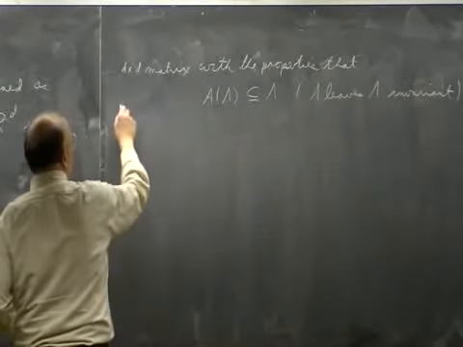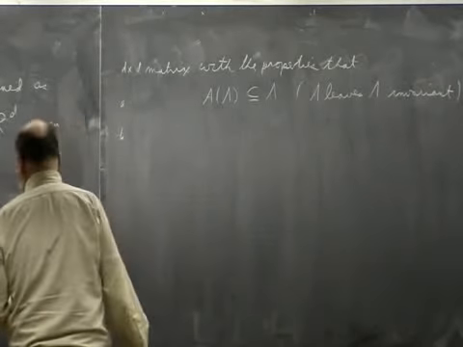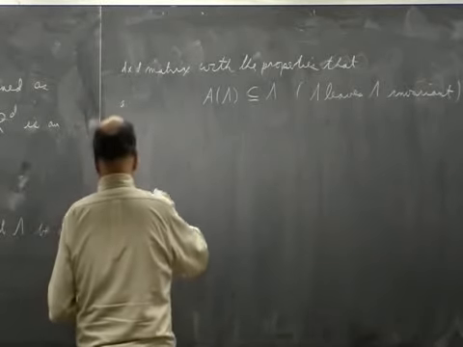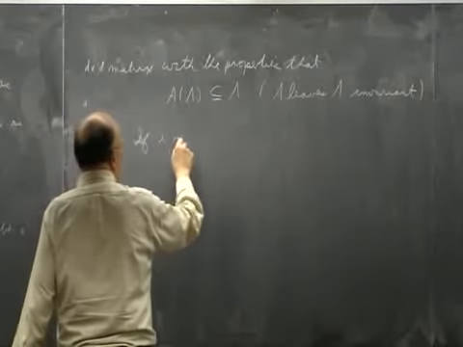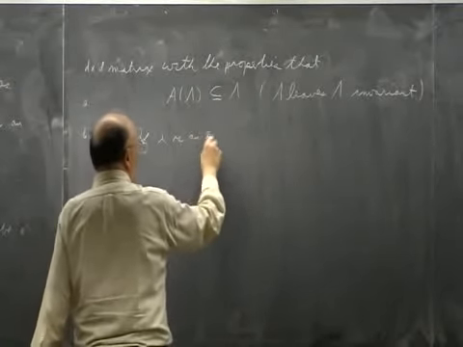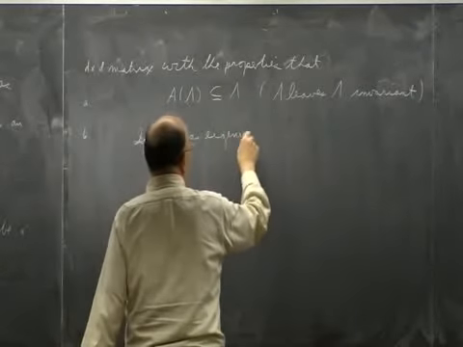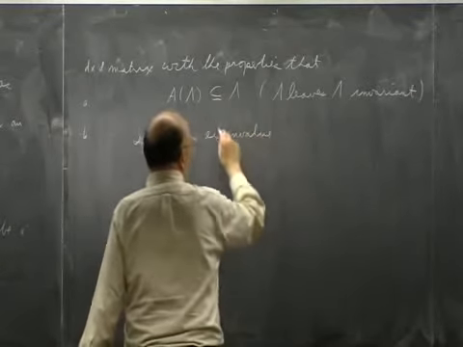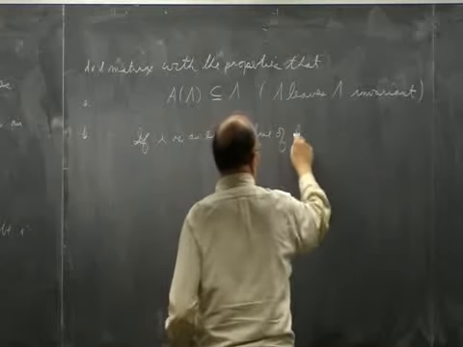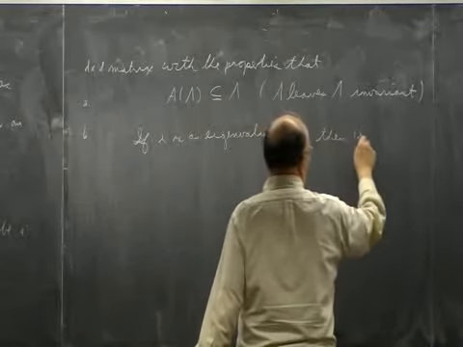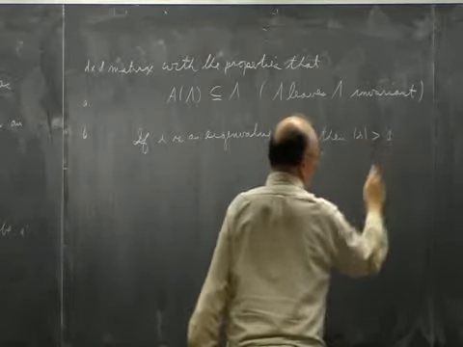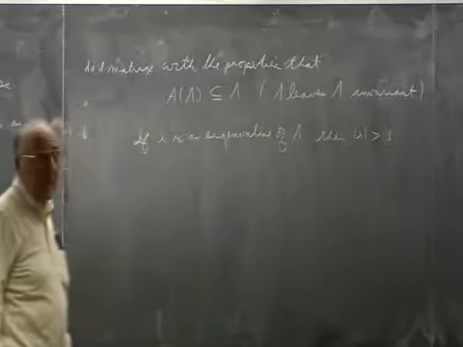And B, if lambda is an eigenvalue of A, then the absolute value of lambda is bigger than 1.